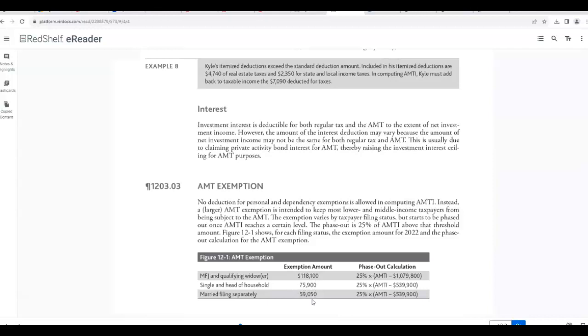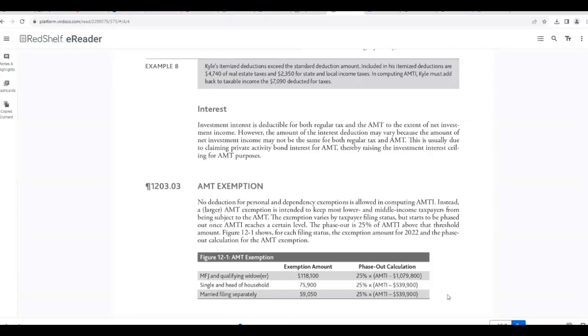Single is 75,000. Married filing separately is 59,000. And for the phase-outs, you have to make more than the numbers on the right. If you're married filing jointly and you make more than 1,079,800, whatever you make above that, you only get 25%. 25% will be your phase-out.